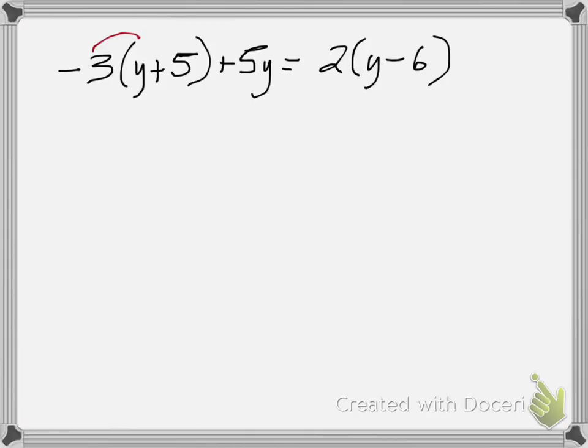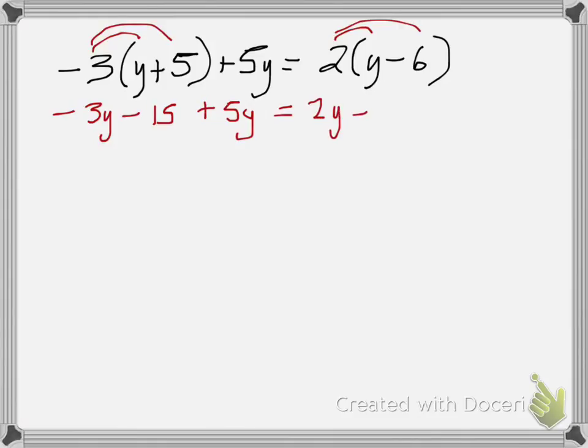Okay, my first step is going to be to distribute the -3. And so that's -3y minus 15 plus 5y. I didn't touch him, okay? He doesn't get that -3y distributed. And then I'll distribute the 2. So that is 2y minus 12. 2 times -6 is -12, okay?